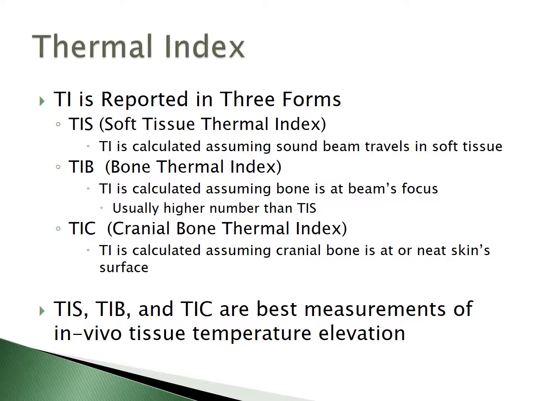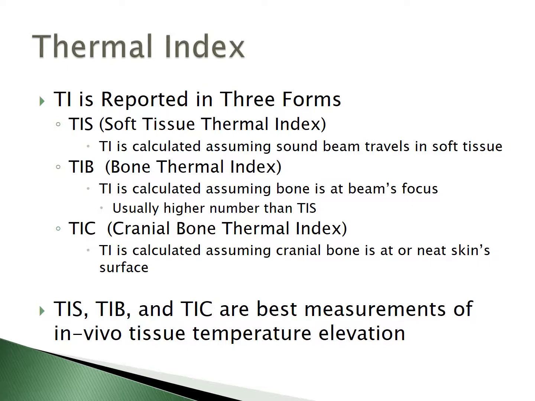TIB is the calculation assuming that the bone is at the beam's focus, so think of arms, legs, that kind of stuff, that most intense part is right at the focus, and that's what is being hit by the ultrasound beam. This is actually going to be a little bit higher than the TIS because bone and soft tissue interfaces actually heat up quite a bit.